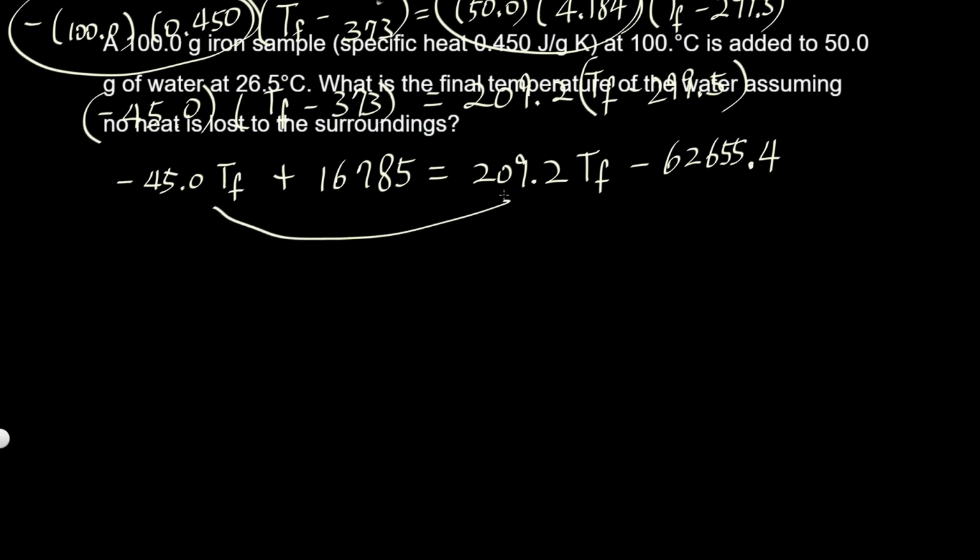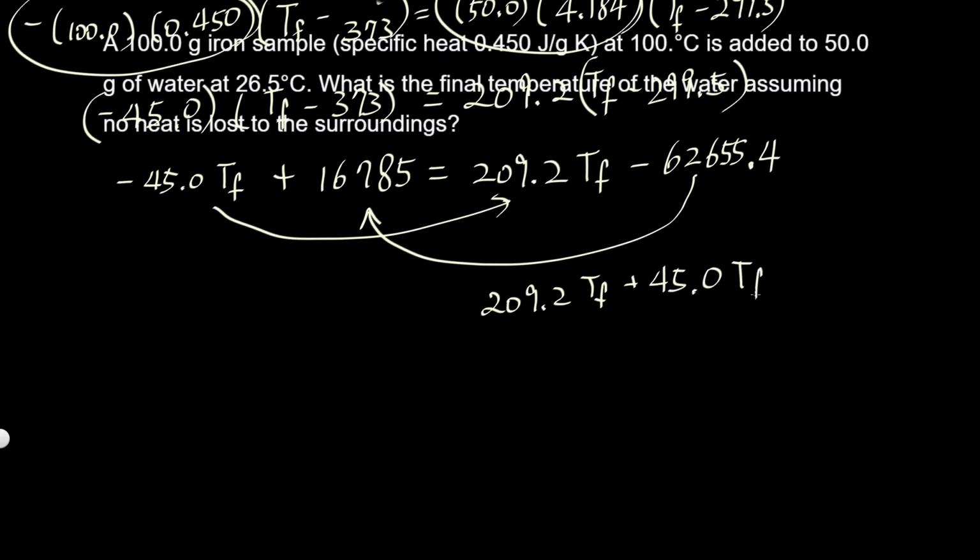Now I'm going to add TF on the right side and then add that amount on the left side. 209.2 TF plus 45.0 TF, if I add that, it's going to be 79440.4 on the other side. Now I can add these TFs together.